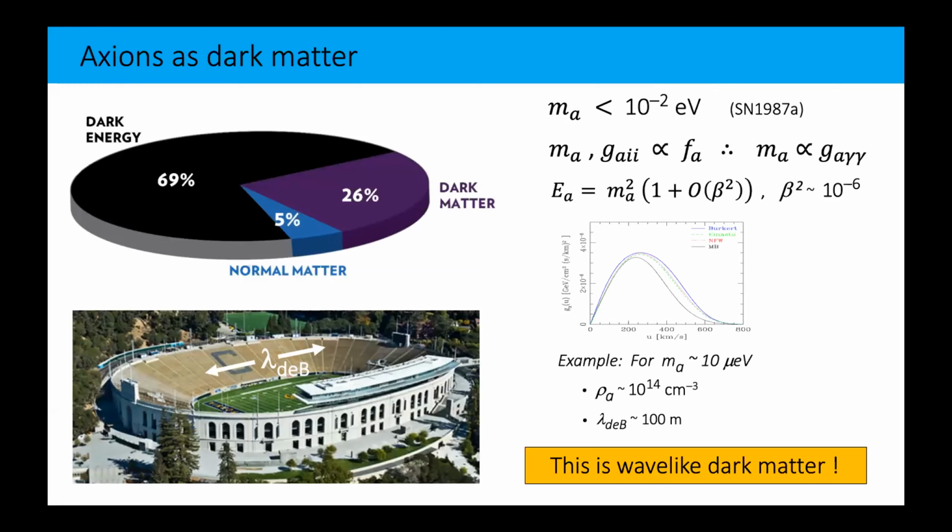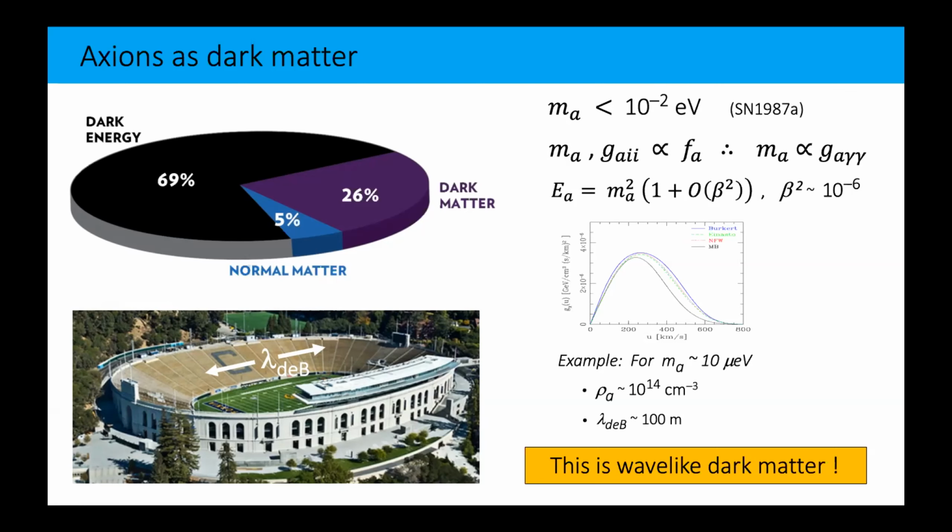Axions as dark matter. Luca, thank you so much for a very good introduction there, which will make the first part very easy. We have a decent grasp of what we believe to be the local dark matter density in the vicinity of our solar system, and I think a decent understanding of what the velocity would be.